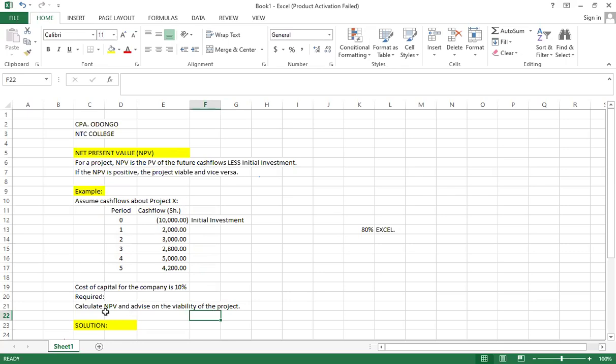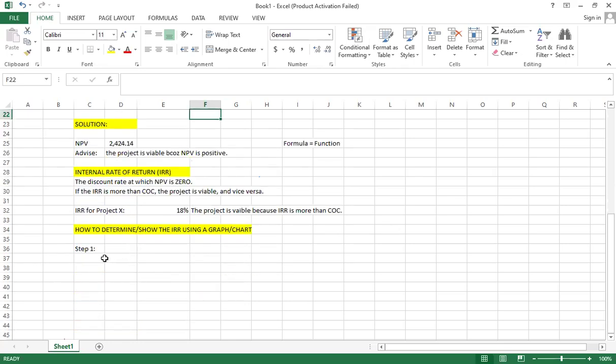All right. So I wanted to show how to determine the internal rate of return using a graph, in terms of steps. Step number one is to determine the IRR using the function. If you have a question in the exam requiring this, step number one is to determine the IRR using the function which we have already talked about.